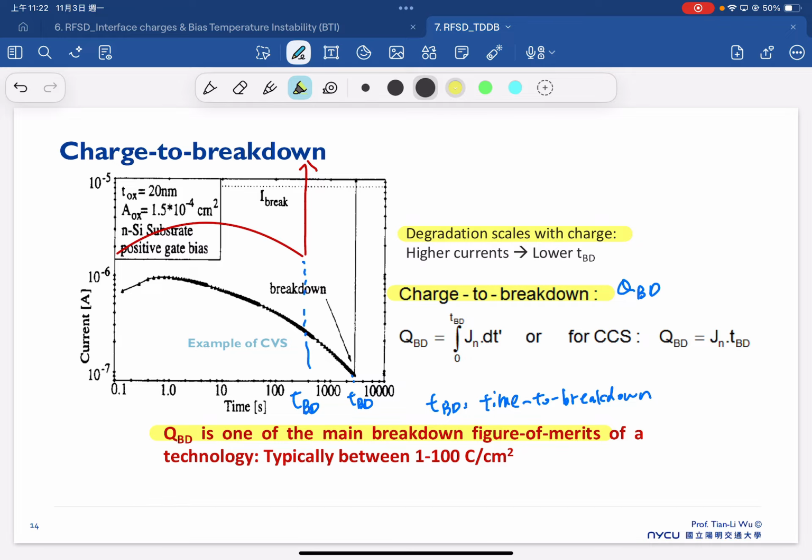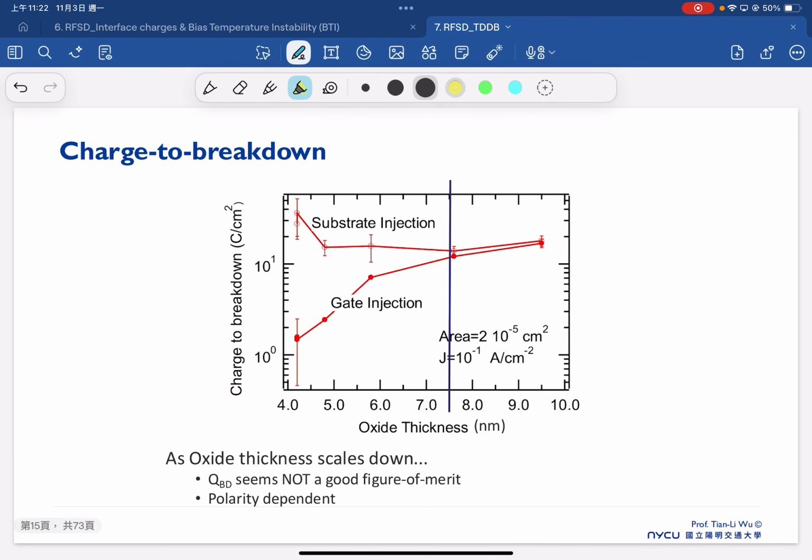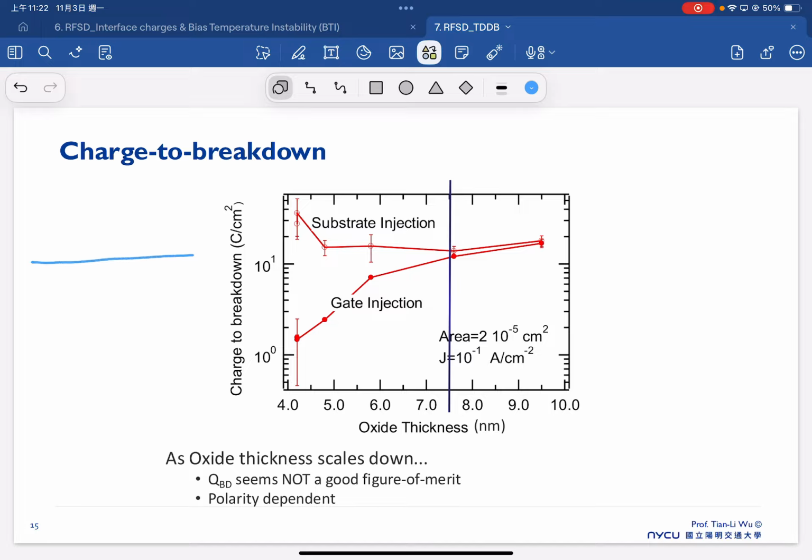And when we talk about charge to breakdown, it's also very important to see this when we have oxide scaling. So in these experiments, what they are actually trying to do is to consider that you have the source and drain and substrate here, and also the dielectric.